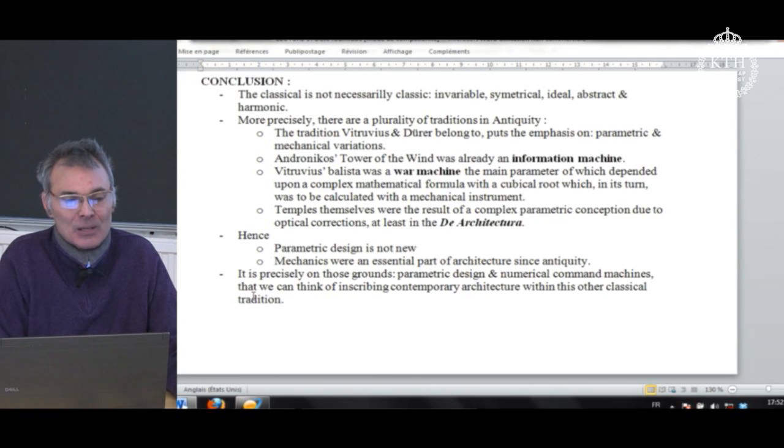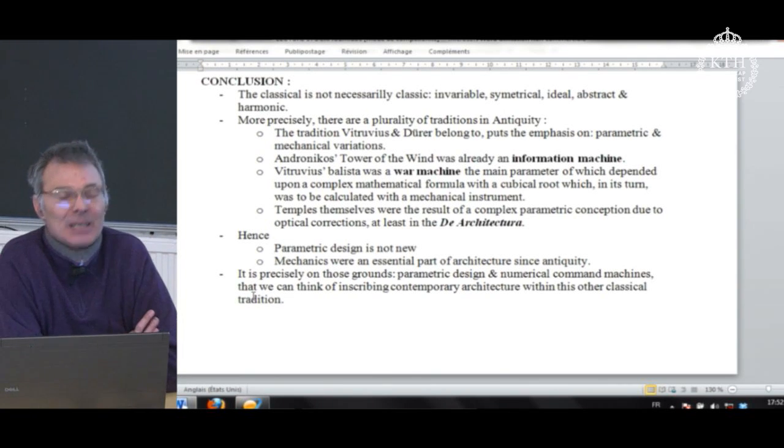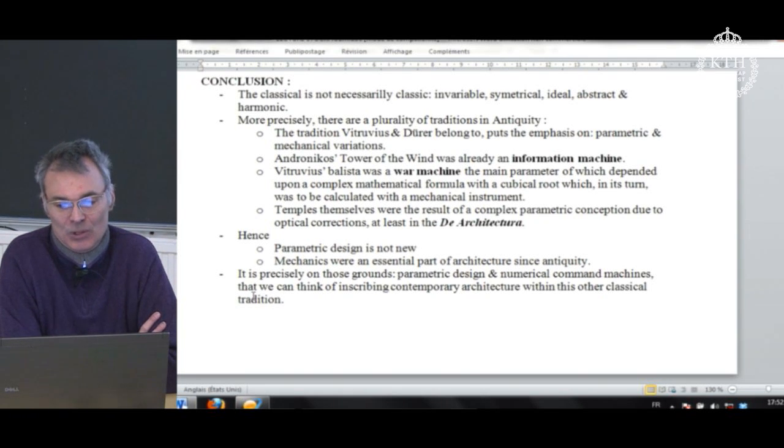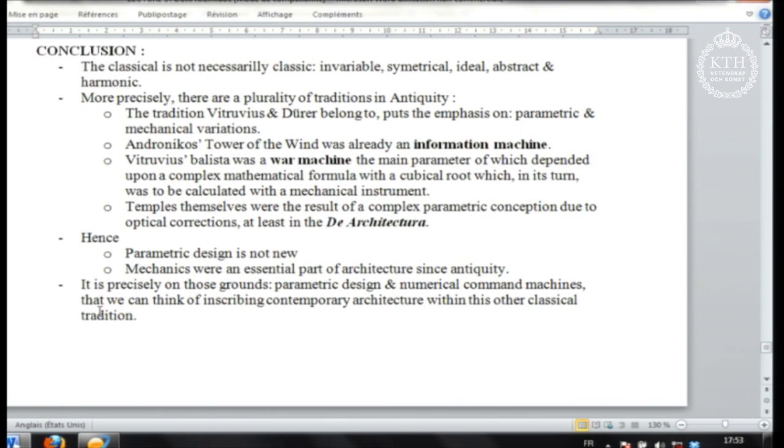So my conclusion is that the classical is not necessarily classic. That means invariable, symmetrical, ideal, abstract, and harmonic. More precisely, there are a plurality of traditions already in antiquity, and the tradition Vitruvius and Dürer belong to puts the emphasis on parametric and mechanical variations.